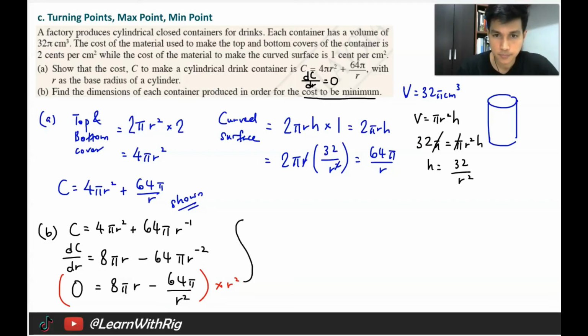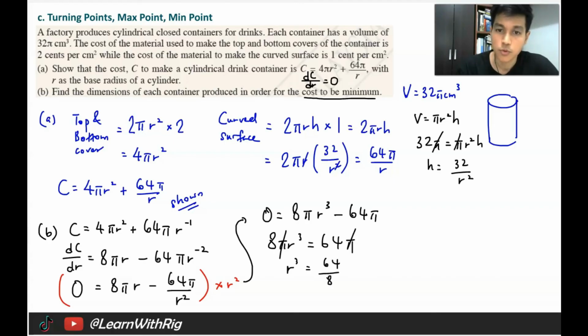So I should get 0 equals 8 pi r cube minus 64 pi. Rearrange this: 8 pi r cubed equals 64 pi. Here you can cancel the pi. r cubed equals 64 over 8, which equals 8. So r is equal to the cube root of 8. Answer is 2, so it's 2 cm.